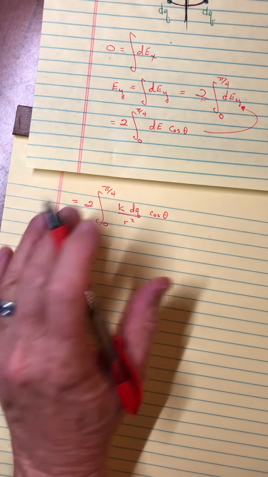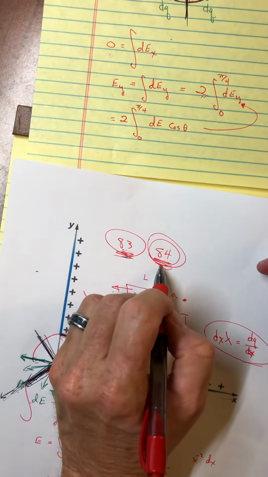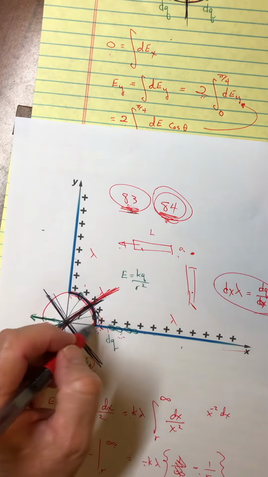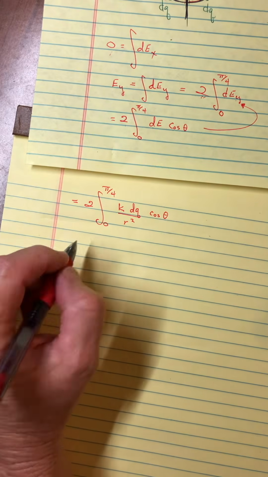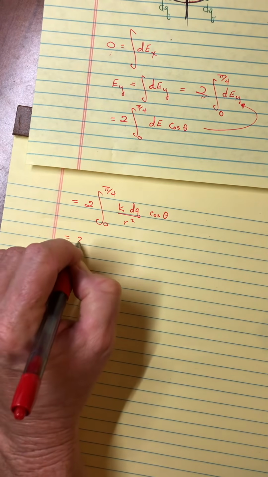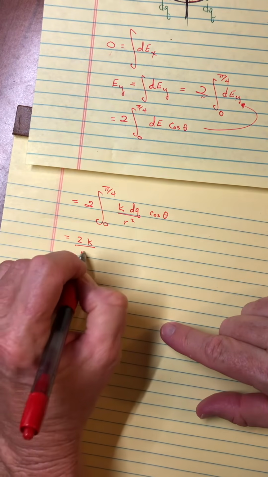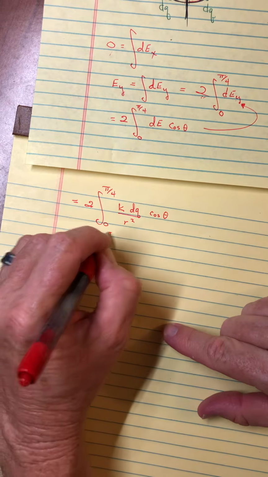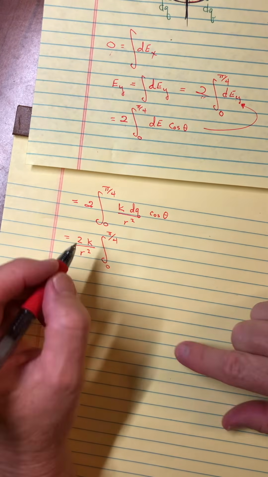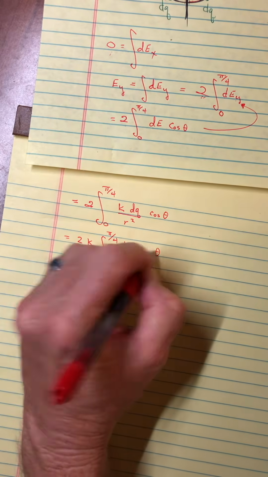Now, like I said in number 84, what's nice about this one is that because we're along an arc of a circle, the distance away doesn't change as we add them all up. So I could pull out not only Coulomb's constant, but also r squared. And then I just have the dq and the cosine theta.